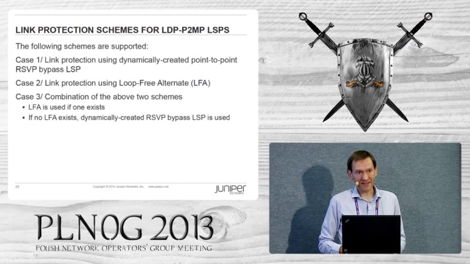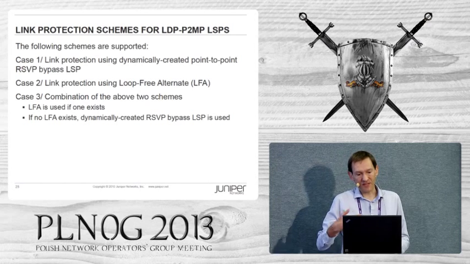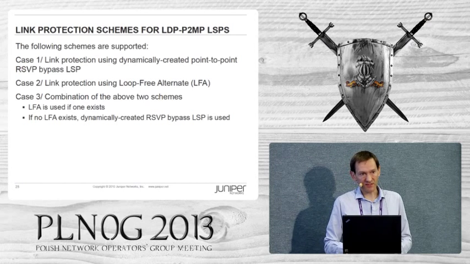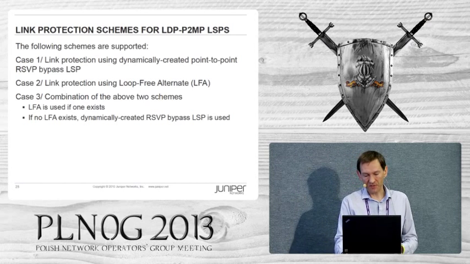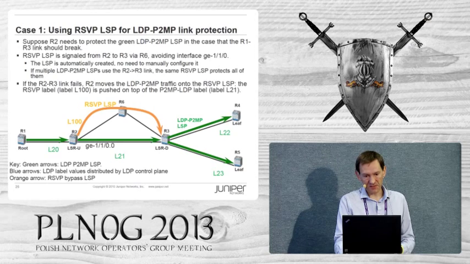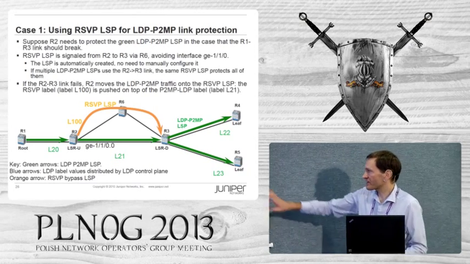And finally, case three is where you use these in combination. So if the LFA exists, if there's a valid loop-free alternate neighbor, that's what's used. And if not, an Rsvp LSP is dynamically set up instead to provide the coverage. So I'll step through each of these cases. And in each of these cases, I'll have a diagram similar to this.